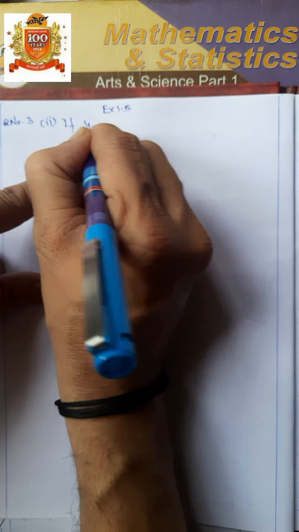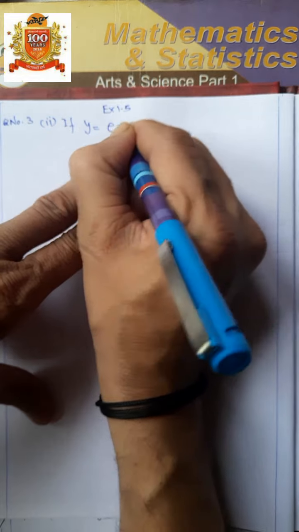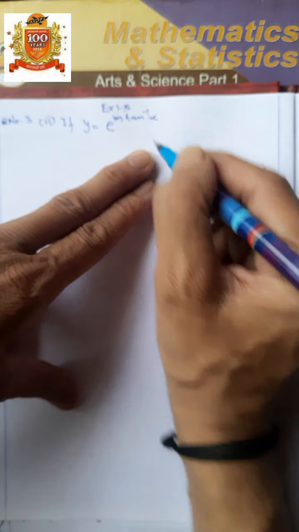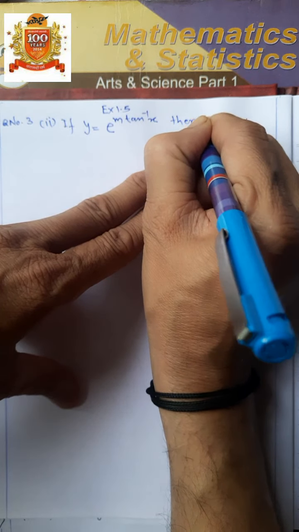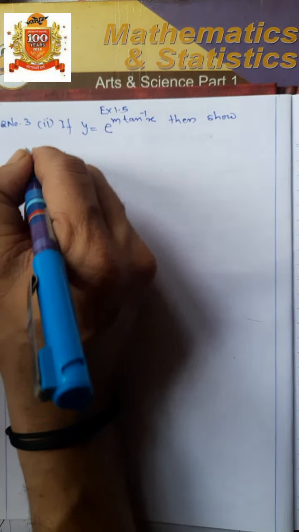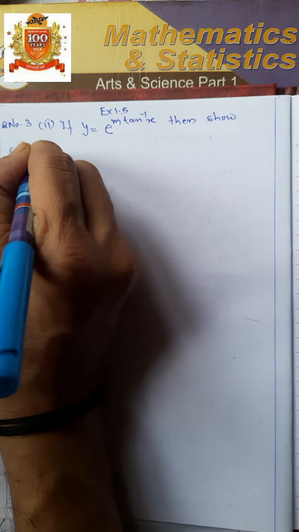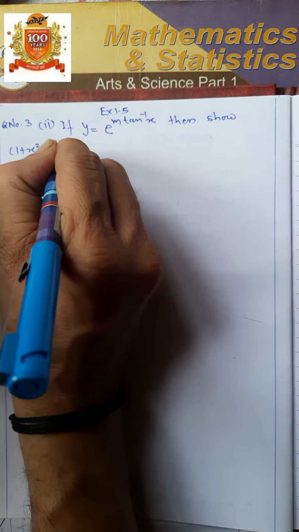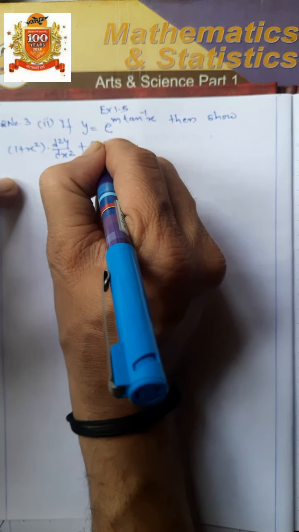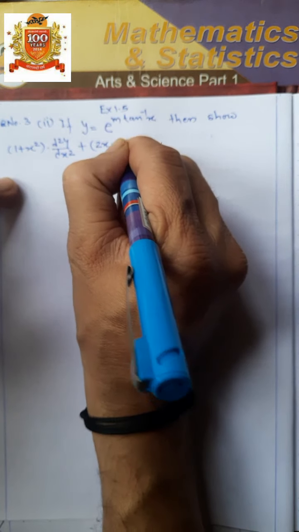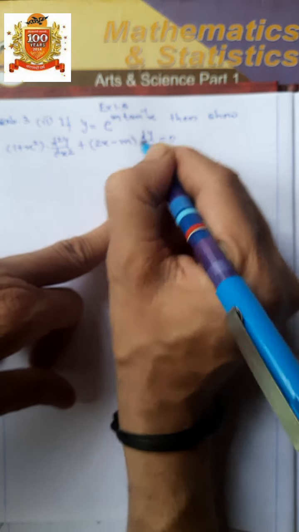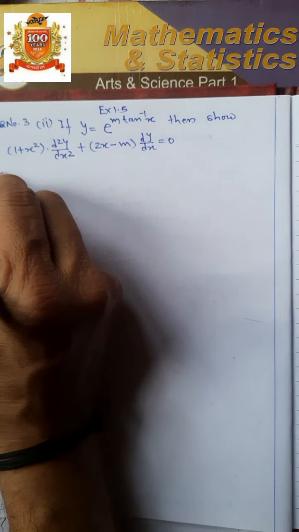If y is equal to e raised to power m tan inverse of x, then show one plus x square into d2y by dx square plus 2x minus m into dy by dx is equal to 0. Let us solve this sum. Solution.